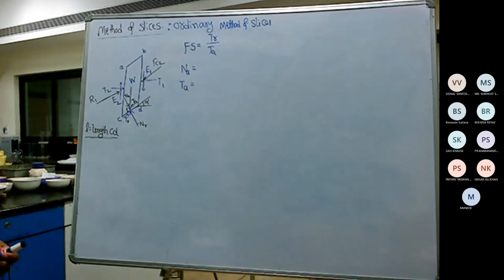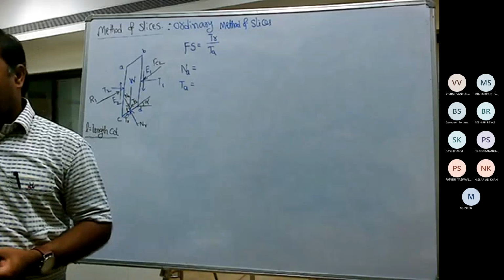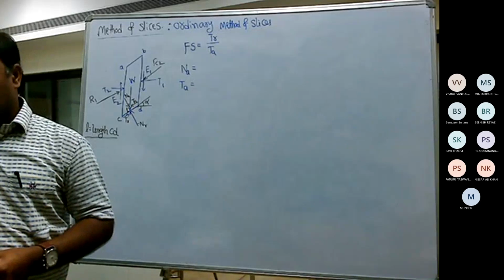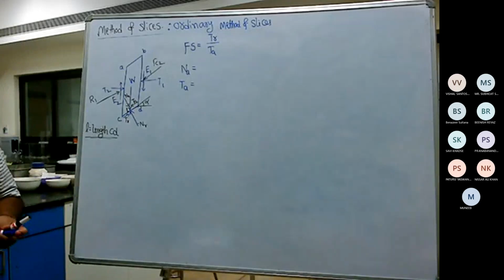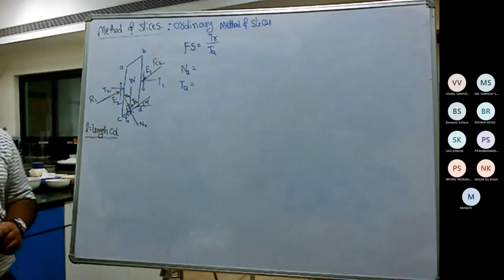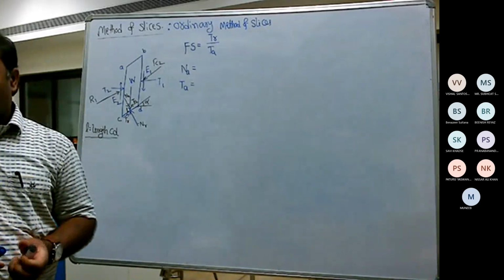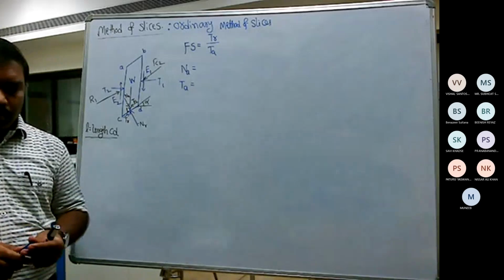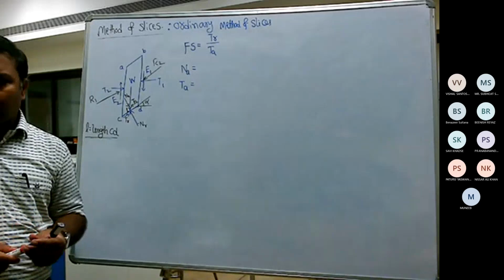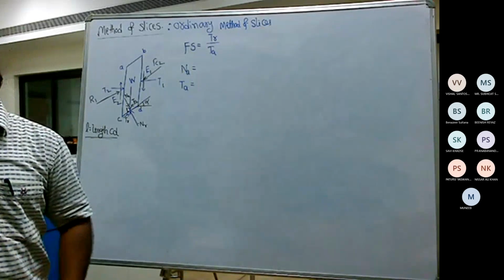What is NA and TA in terms of W? Anyone?